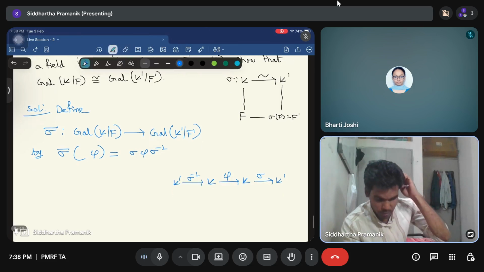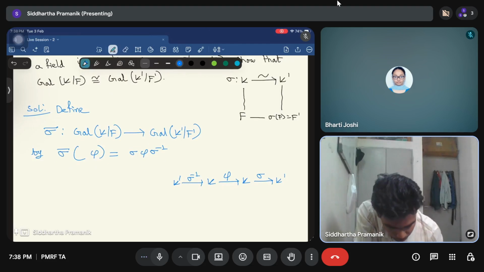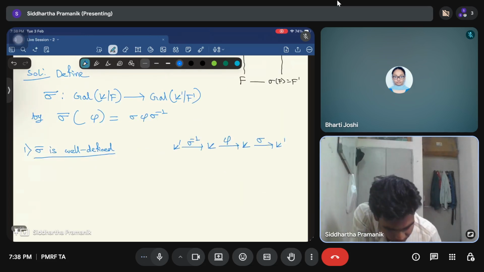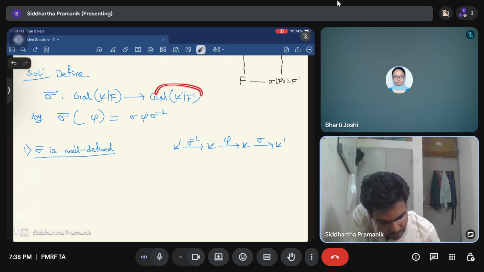So we need to check several things. The first thing is sigma bar is well defined. We need to check that its image is lying in this set.